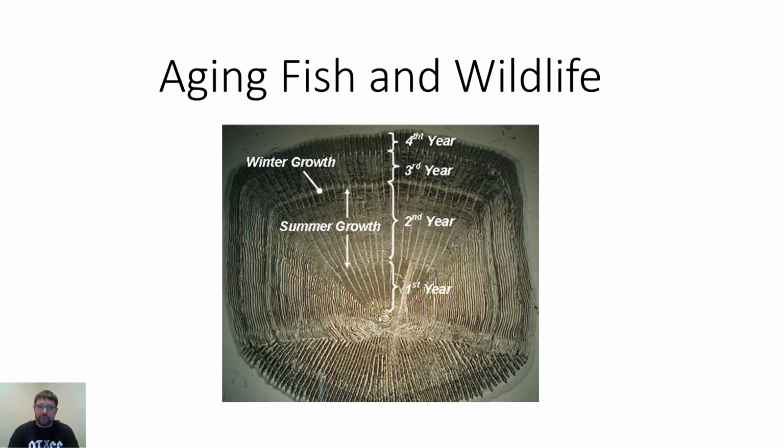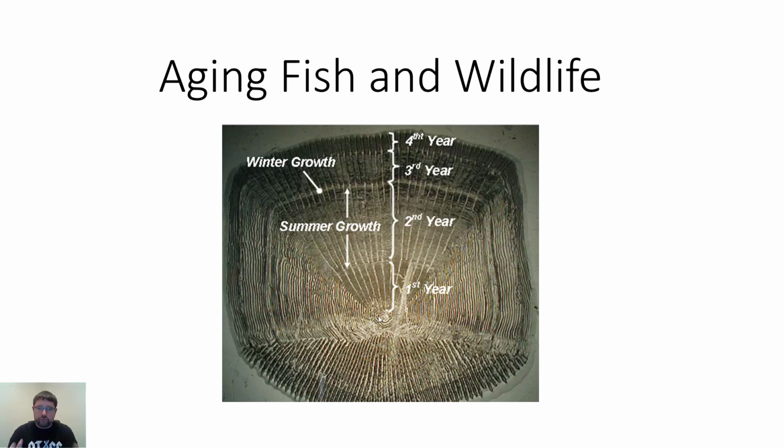So in organisms that live in regions that have a summer and a cold winter, their summer growth is often much larger than their winter growth, because in summer they're getting lots of food and they're applying that food into growth. In winter they're basically just living off of fat reserves and they have very little growth.